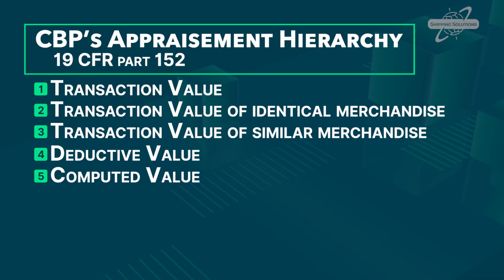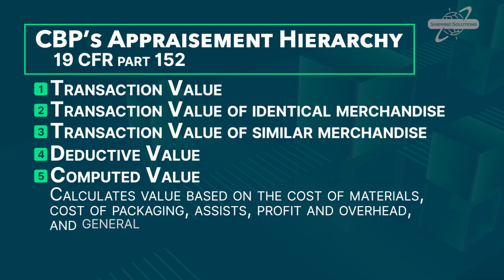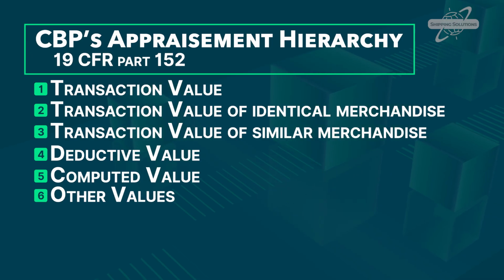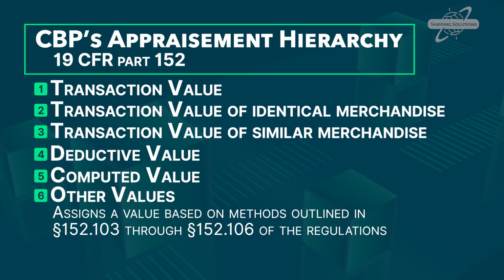If none of the above methods work, CBP calculates value based on the cost of materials, cost of packaging, assists, profit and overhead, and general and administrative expenses. Other values. If none of the above methods apply, CBP assigns a value based on methods outlined in 152.103 through 152.106 of the regulations.